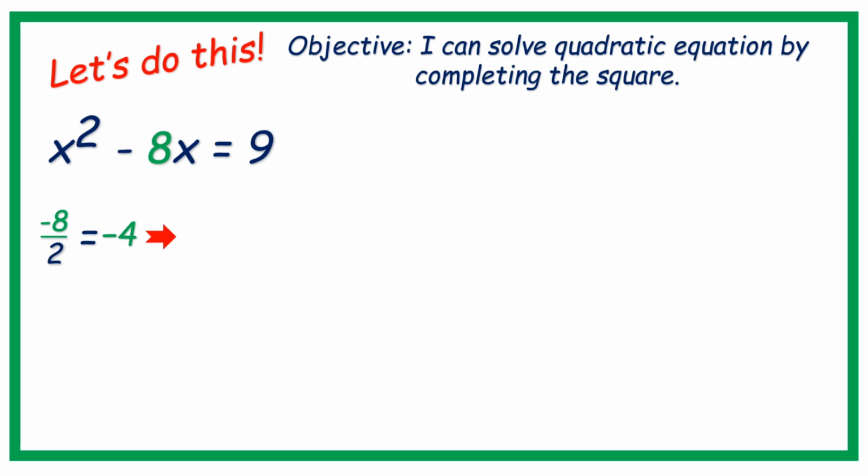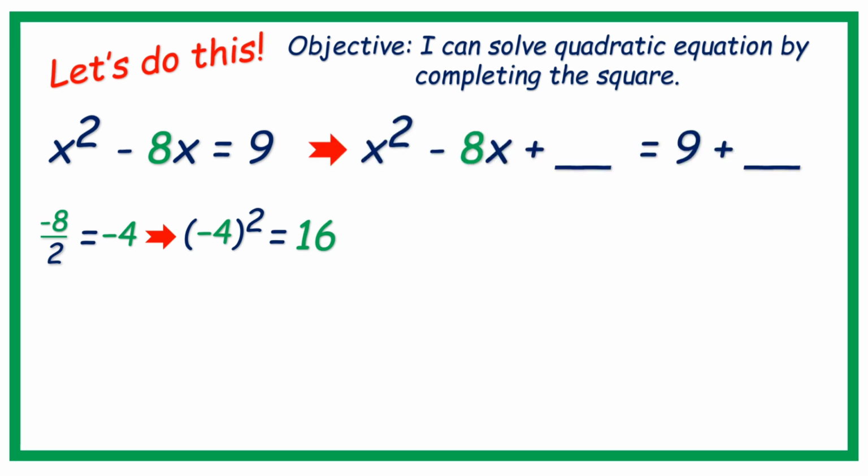And we are going to square negative 4. Negative 4 times negative 4 is positive 16. What are we going to do with positive 16? We're going to add it. But before that, let's change x squared minus 8x equals 9 into this: x squared minus 8x plus blank equals 9 plus blank.